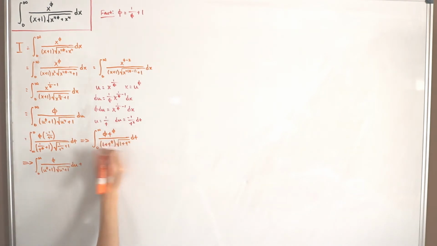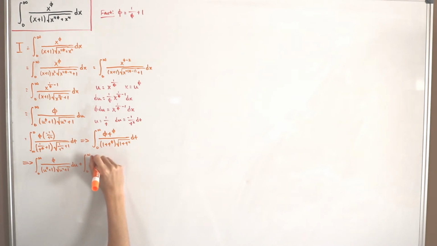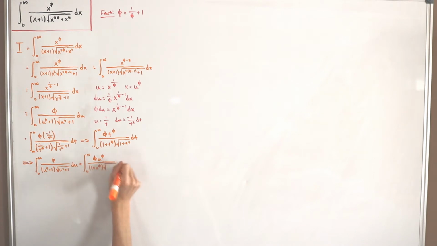Then I add this with this integral, which will also be in terms of u. Simply, like I said, we stick in a dummy variable. So this is phi times u to the power phi, then I divide this by 1 plus u to the power phi, then multiply this with the square root of 1 plus u to the power 4, then du.